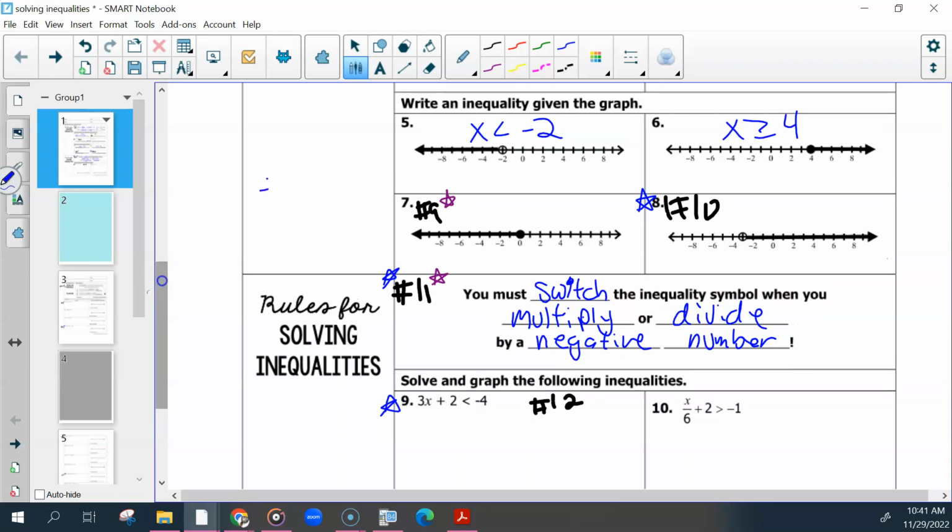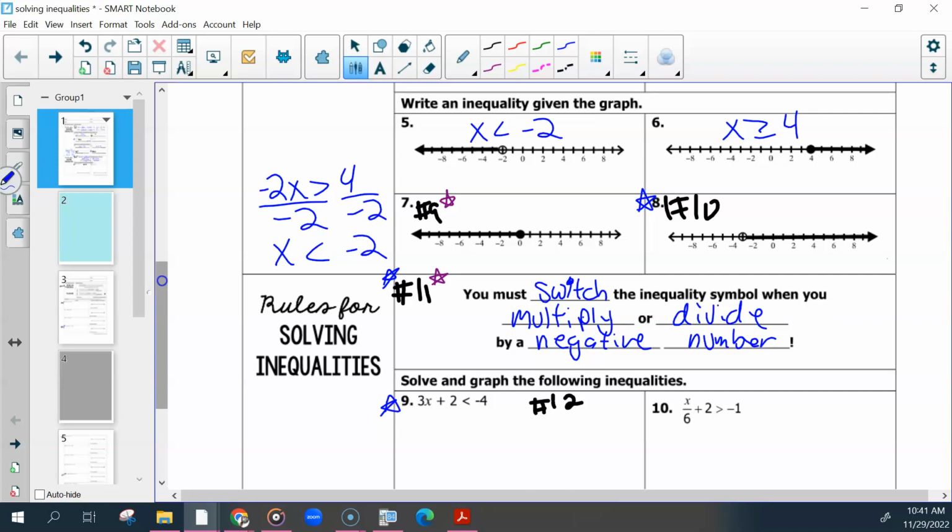If I had negative 2x is greater than 4, and I were solving this, I would have to divide both sides by negative 2. And the rule says because I'm dividing by a negative number, the sign is going to switch directions. Always. But that's only if you're dividing or multiplying by a negative number.